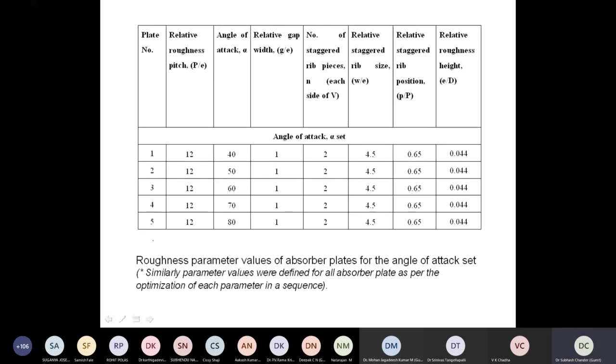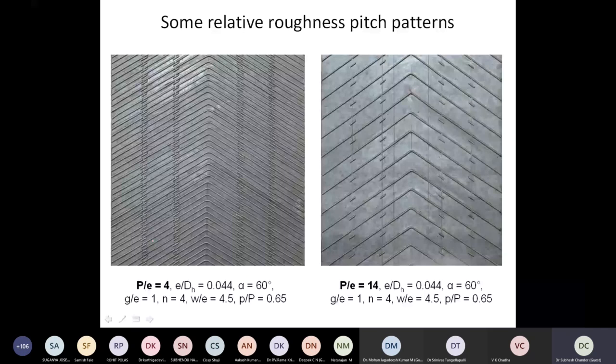Similarly, we did for other plates. So this is what you can see, that when the plate is roughened, it is very tedious. As the student's guide, we always feel that he must have done a lot of work, placing these ribs minutely, hundreds of ribs, and he fabricated around, suppose 40 plates, I think 42 plates.